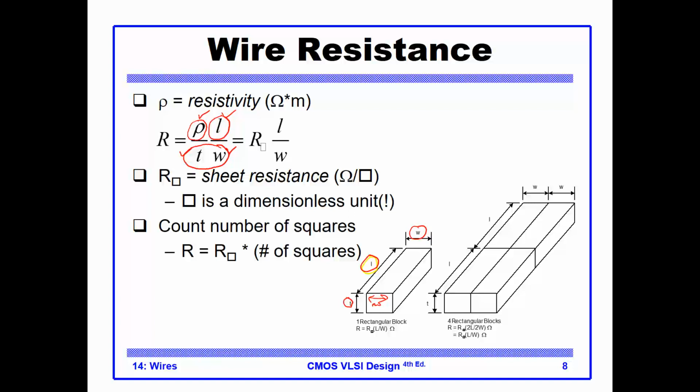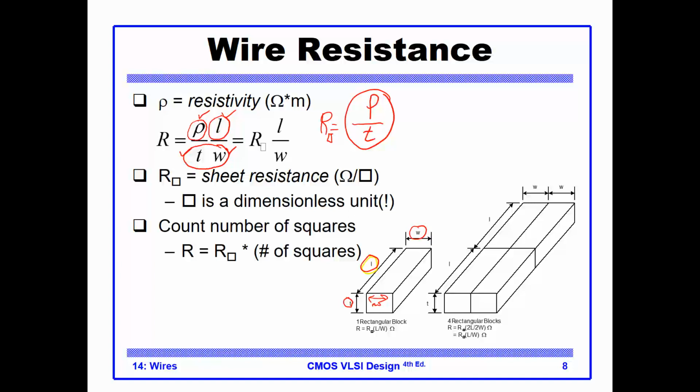Because in any process the resistivity of the wire and the thickness of the wire do not change during the design of the circuit, we would like to have this as a constant related to a process. We refer to it as sheet resistance, in ohms per square.